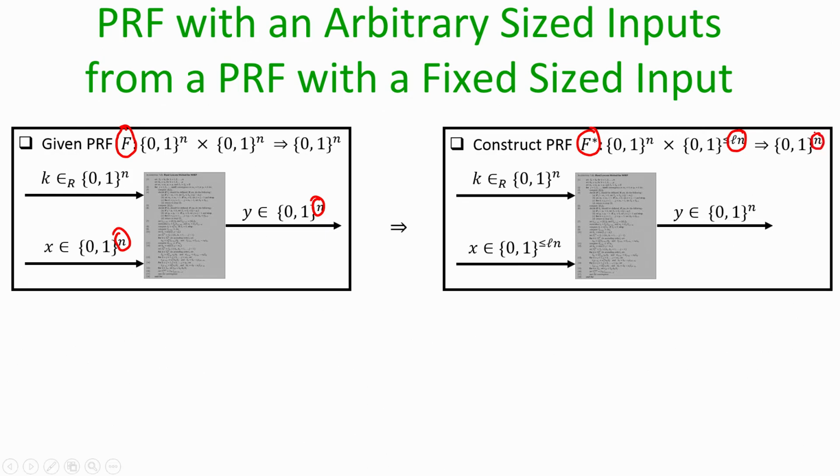As you can see, the output of the keyed PRF F star which we are interested in constructing is independent of the value l. It does not matter whether your little l is 1, little l is 2 and so on, the output size is always fixed, namely little n bits.